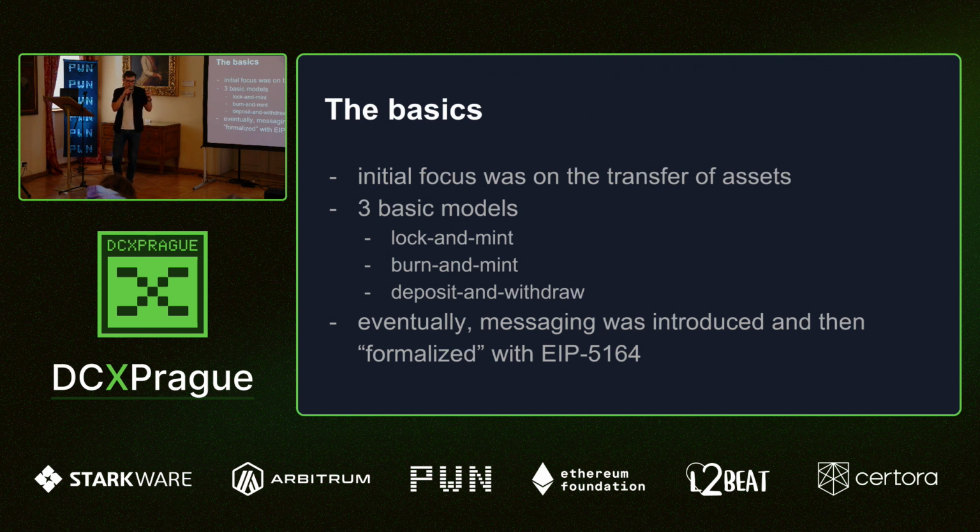So if USDC is native on both the source chain and the destination chain, the only way to actually transfer tokens across the chains is by the use of liquidity pools.